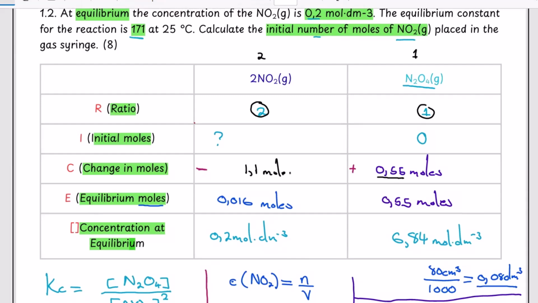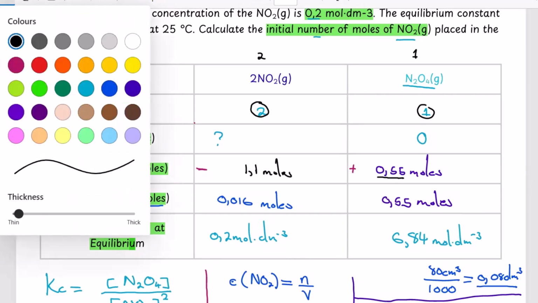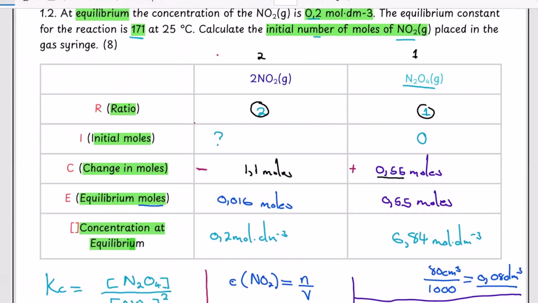Okay, so now let's look at this. How do you go about getting the initial number of moles? Mathematically, let's say we have an A here, then a B here, and then a C there.